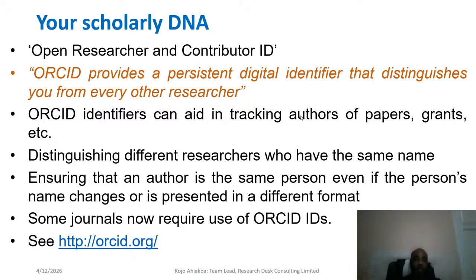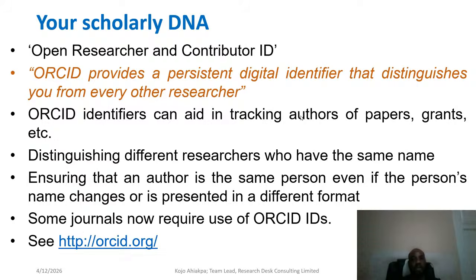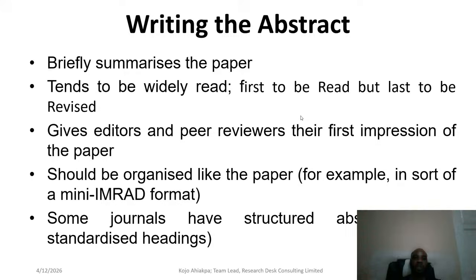So you may have the same name, but this is your digital researcher DNA. So don't joke with it. It's free. You can go to this website and create this, and you always have to link it with any submission you do as a researcher. You do not need to pay for it. So go to the ORCID website, create an account, and then you are good to go.